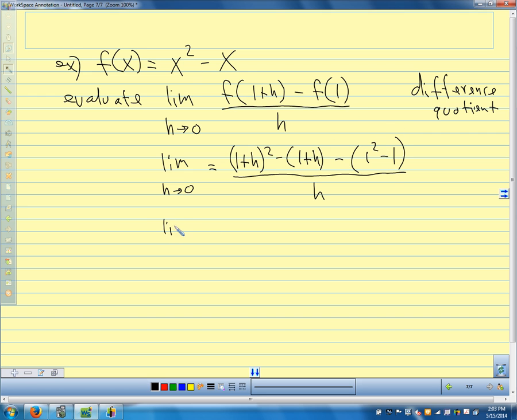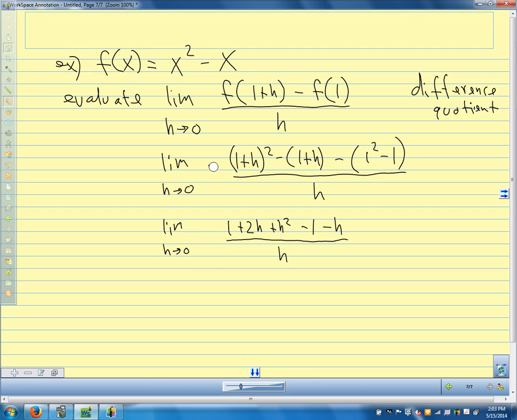So this is the limit as h approaches 0. I'll square this, expand this out. So this is 1 plus 2h plus h squared minus 1 minus h. Just distributing there. And 1 squared is 1, minus 1 is 0, so that whole piece goes away. And I'm dividing by h.